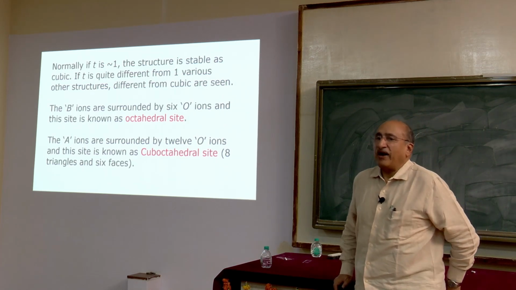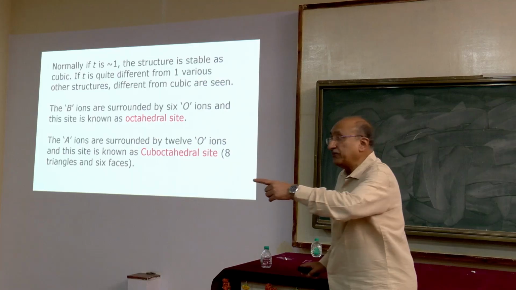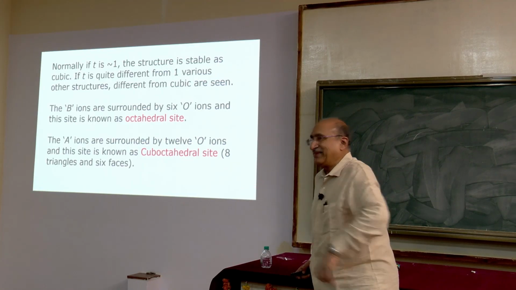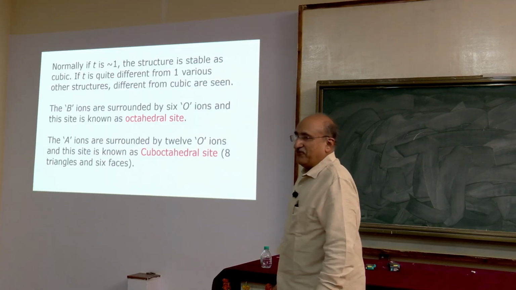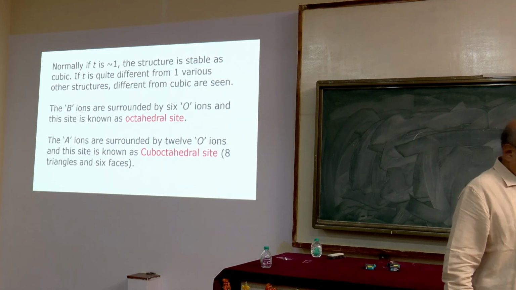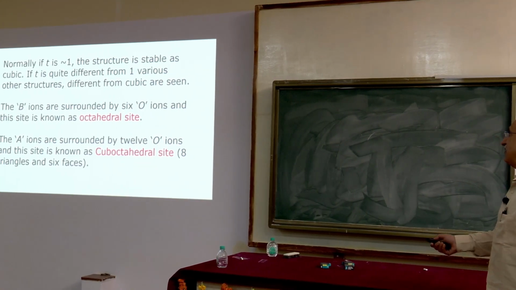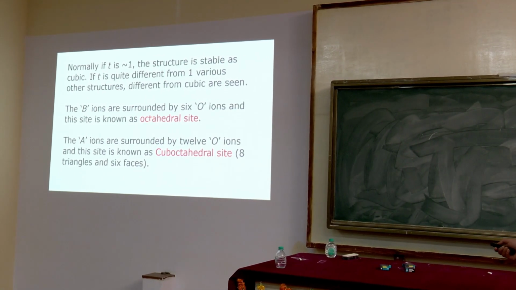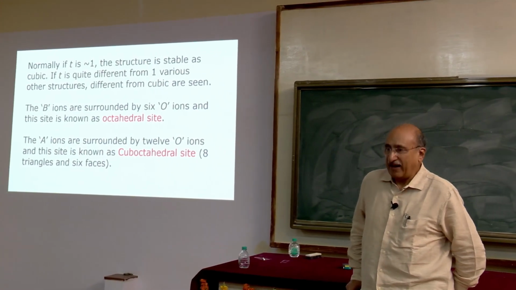So let's look at the environment of these A and B ions, because this is something very, very commonly used. Yeah, you have some question. Look at this environment, which is, I think, a very interesting aspect. As we have said, B ions are surrounded by 6 oxygen ions.